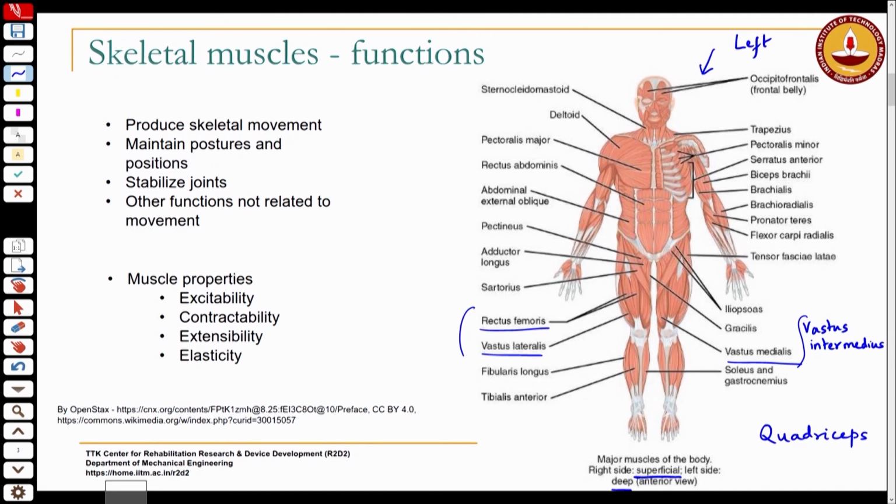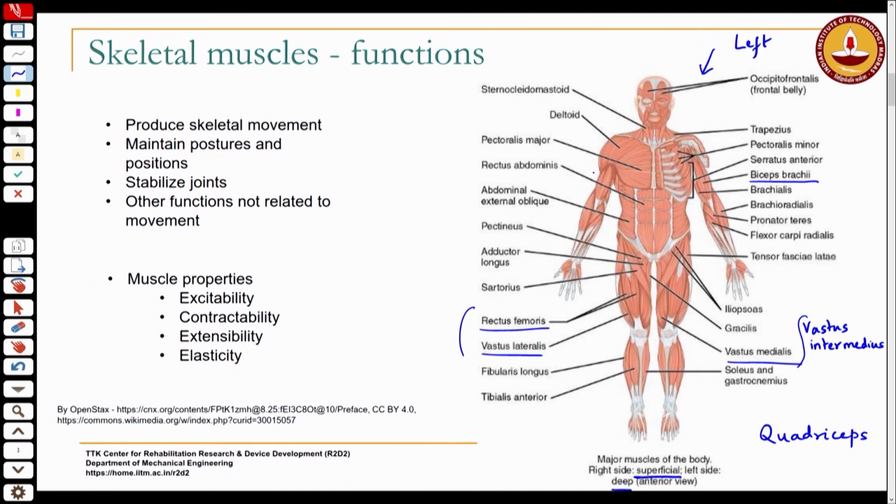And then you have other muscles like the iliopsoas, etc., which are hip flexors. We will look at those as well later. And then in the arm, the biceps brachii, we call it just the biceps usually, right. In layman terms, when we say biceps, we are actually talking about the biceps brachii.